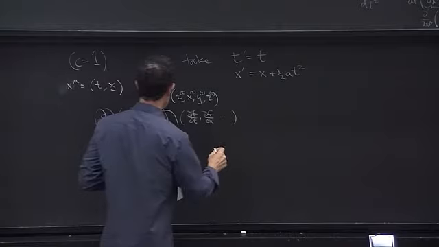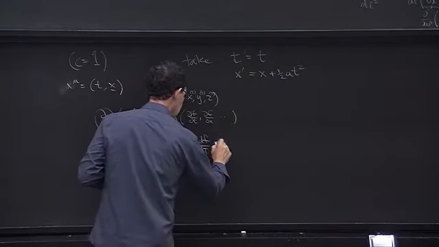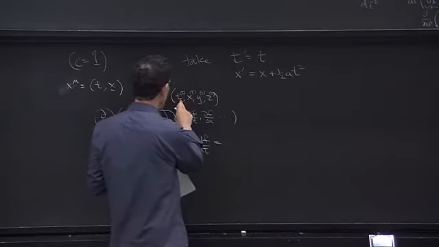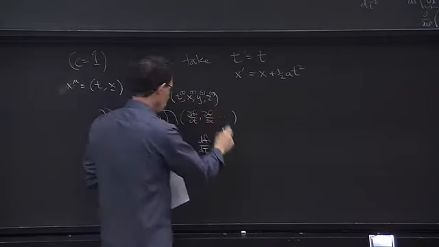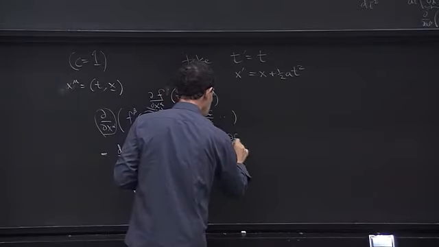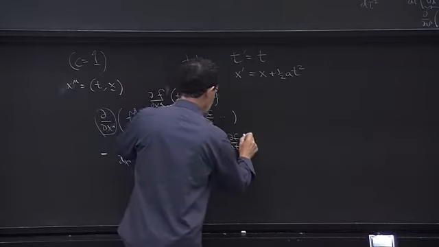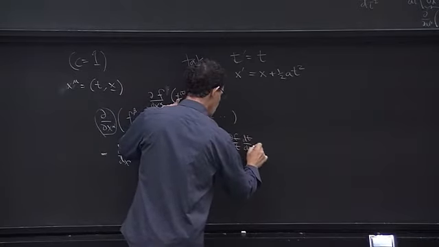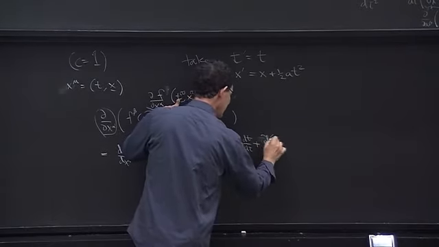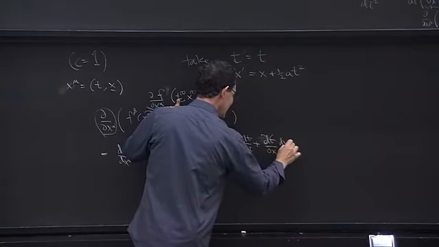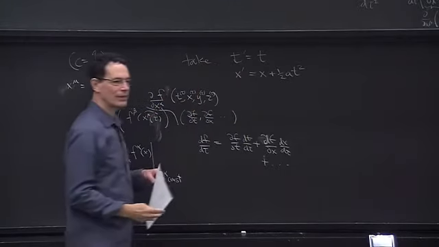So if I want to calculate df d tau, I've got to know about the tau dependence of all 4 indices. So I write it as df dt, which gives the dependence coming from here, dt d tau, plus df dx, dx d tau, plus and so on.